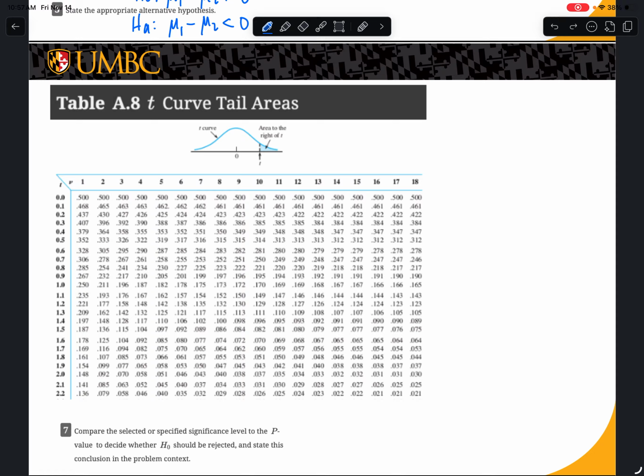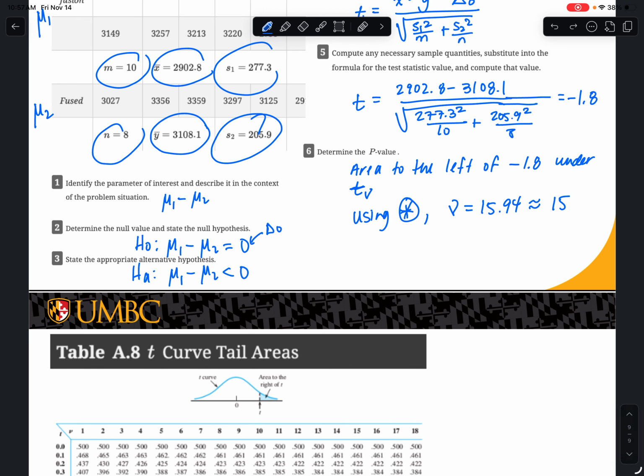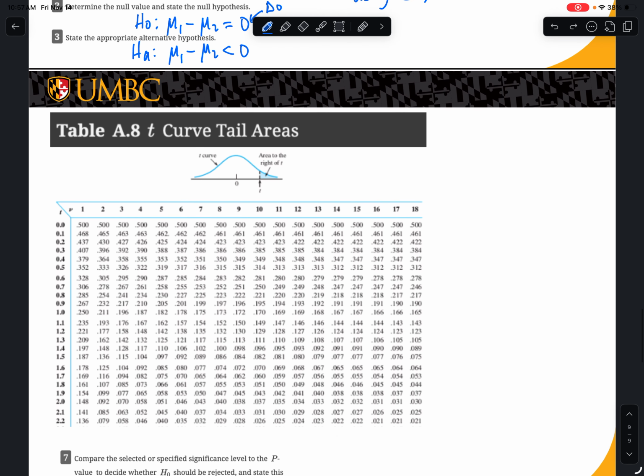If you want the area to the left of a negative value, minus 1.8, I would say the best way is to get the area to the right of the positive version of this, because it's a symmetric table. So you want this. Minus 1.8 is here. You're looking for this probability.